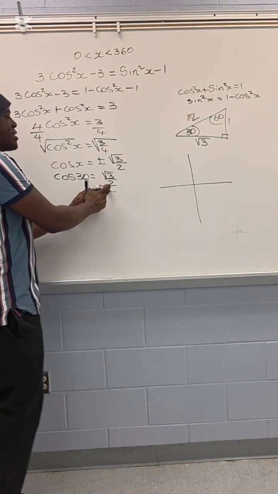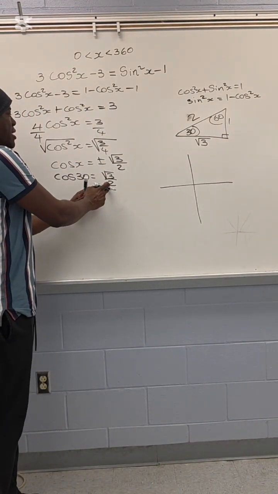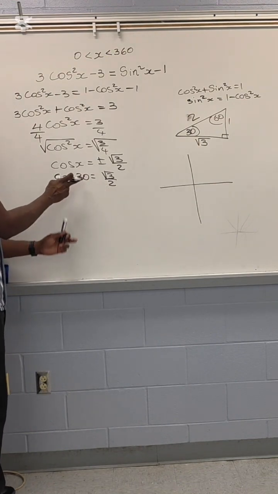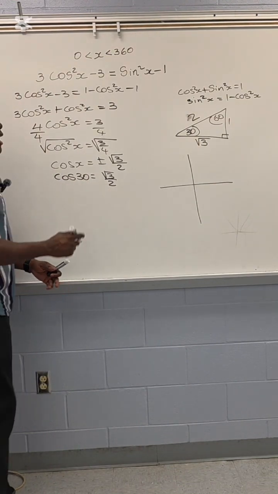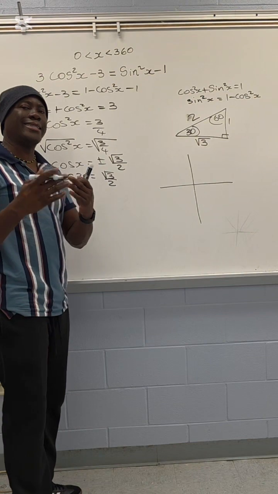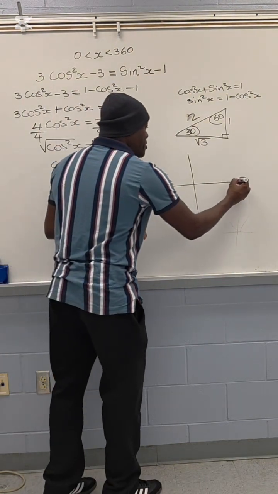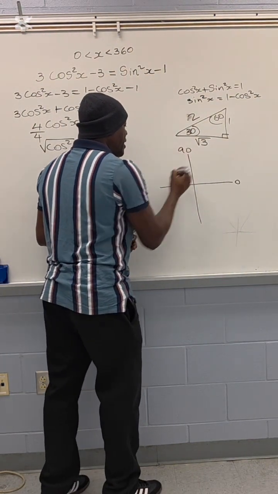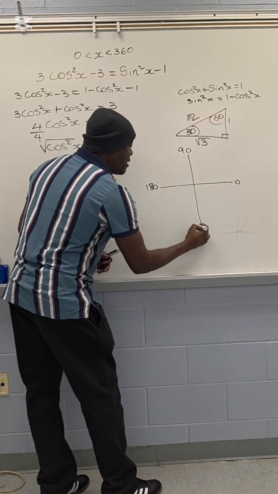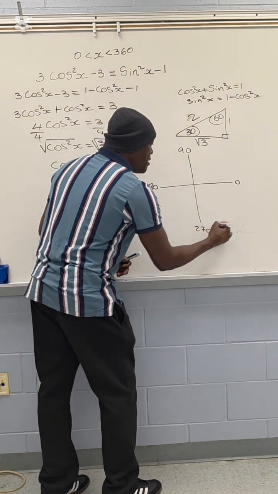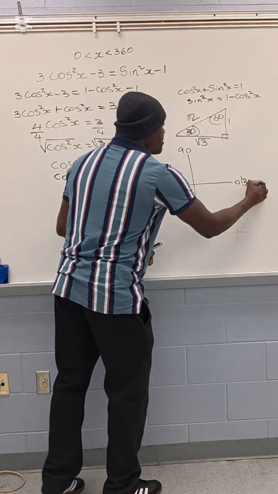This is my reference angle, right? This is my reference angle right here. And the reference angle is actually attached to your x-axis. So this is 0, this is 90, this is 180, this is 270, and this goes back to 360.